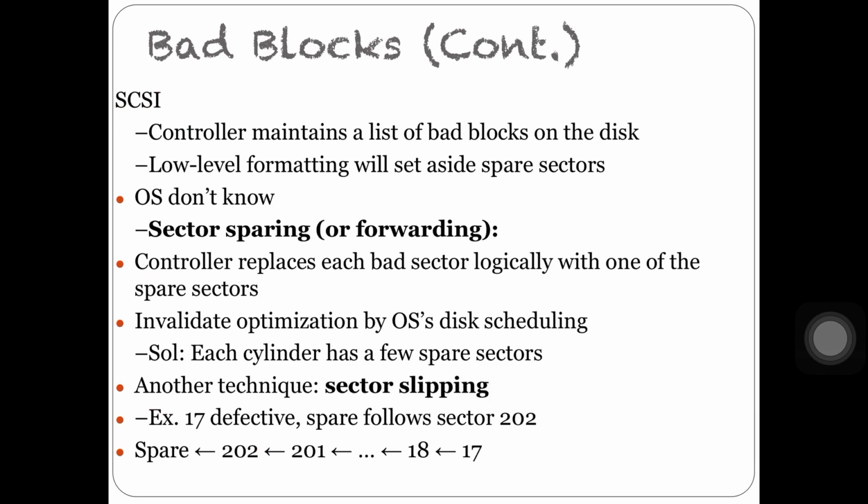Here the controller maintains a list of bad blocks on the disk. The list is initialized during the low-level format at the factory and is updated over the life of the disk. Low-level formatting also sets aside spare sectors not visible to the operating system.